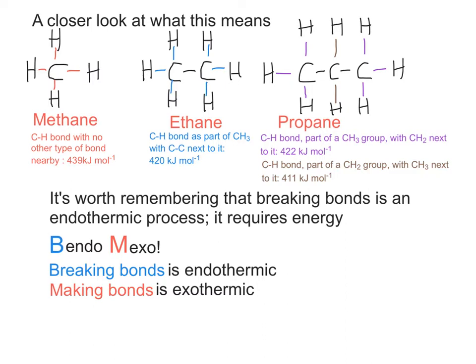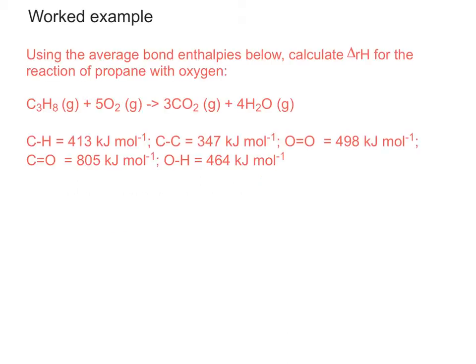So let's now try this out on a worked example. This would be a typical A-level exam question, asking you to calculate the delta RH for the reaction of propane with oxygen. You might notice that they've said delta RH and not automatically delta CH, even though obviously this is a combustion.